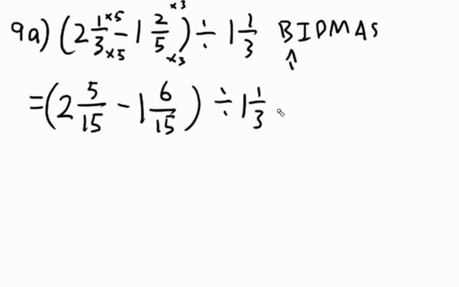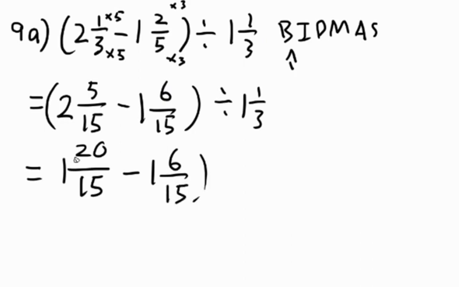So now, because 5 minus 6 would become a negative, we can take one of the mixed numbers, so this will equal 1 and 15 plus 5 equals 20 over 15, minus 1 and 6 over 15, bracket, divided by 1 and 1 over 3.